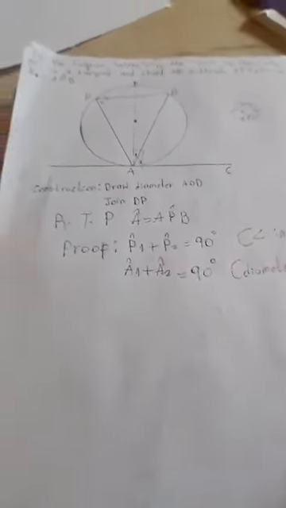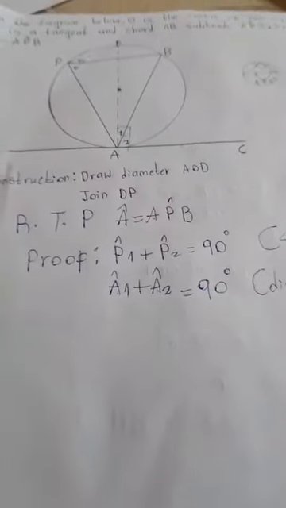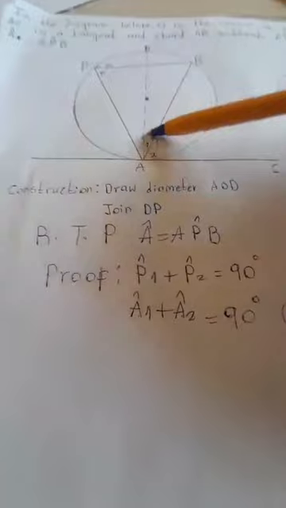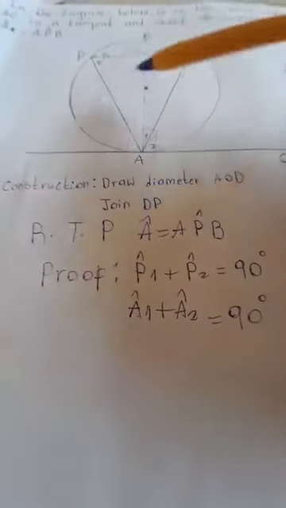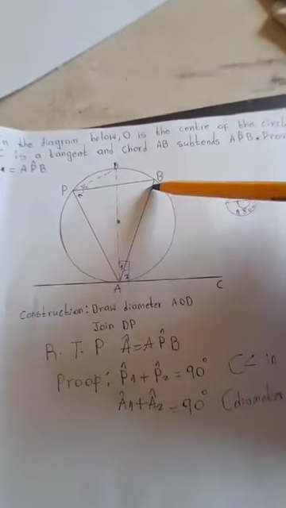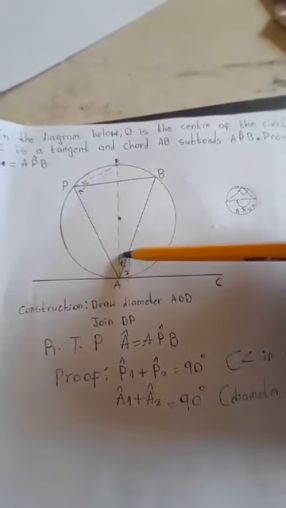And then what can we say also? Like I told you in the previous video, this shape here is always going to come, no matter what, this shape of angles in the same segment. And we said that this angle here is equal to this angle here, and this angle here is equal to this angle here.